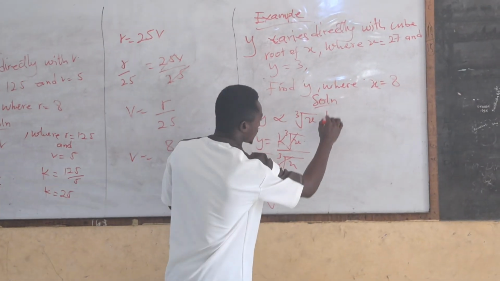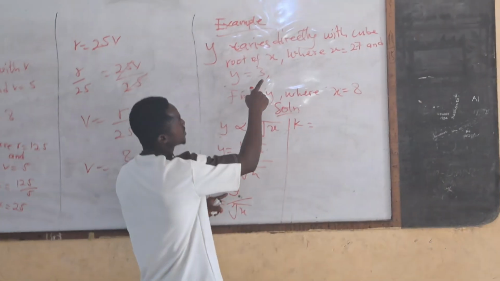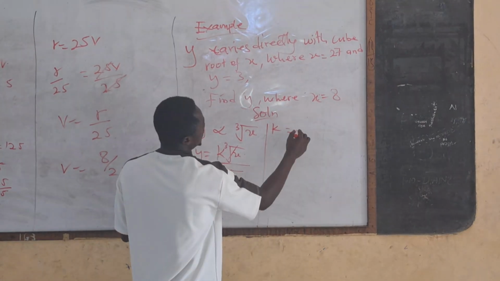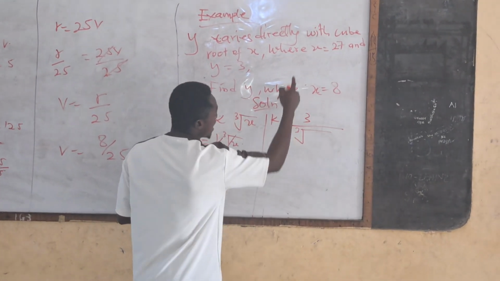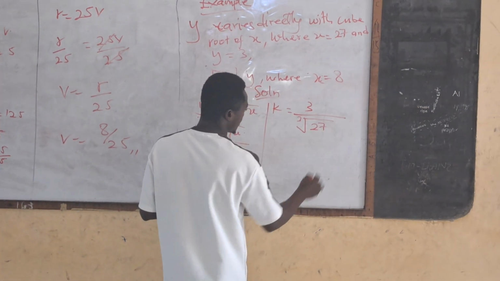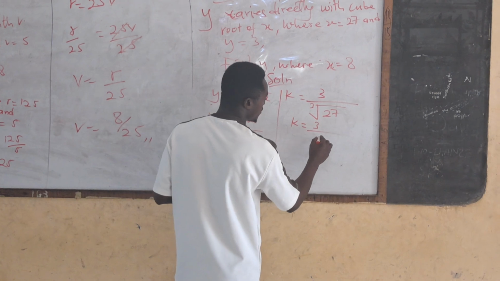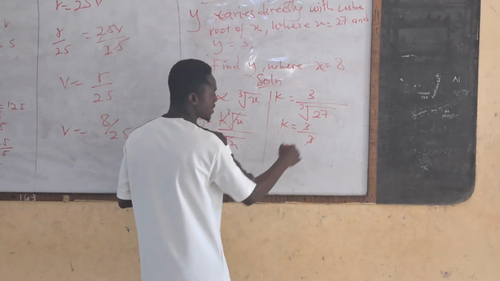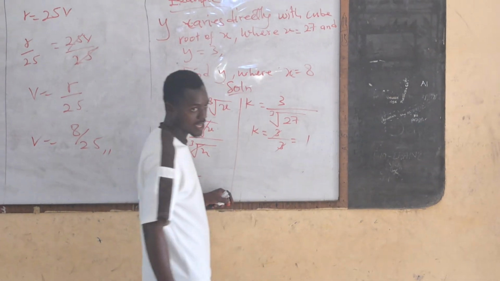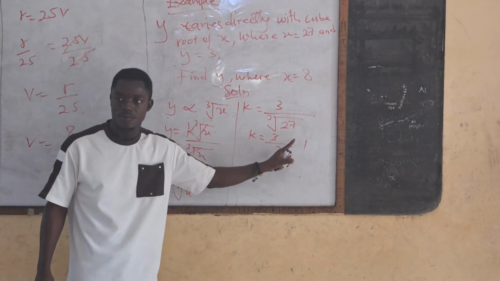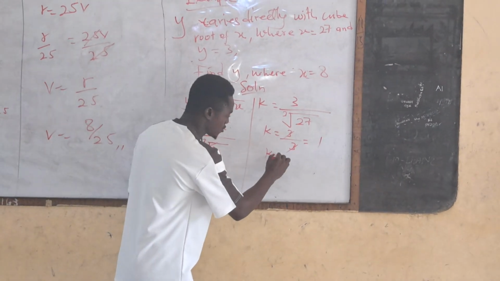So we are going to have k equals y, which is 3, over the cube root of x, where x is 27. So k is now equal to 3 over the cube root of 27, and the cube root of 27 will give you 3. Now 3 will cancel itself and leave you 1. Therefore our k now is equal to 1.